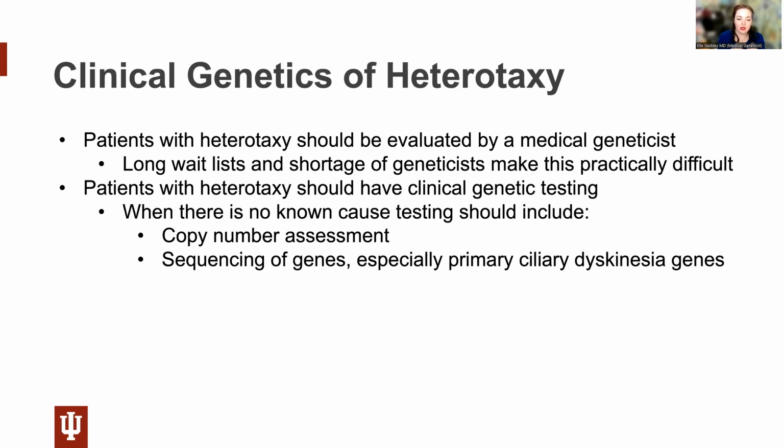And I think patients with heterotaxy, their clinical genetic testing, when there's no clear known cause already, should at least include copy number assessment. Are there missing or extra books anywhere? And then gene sequencing, or reading through letter by letter, at least focusing on primary ciliary dyskinesia genes, given how much that can change how we take care of it.